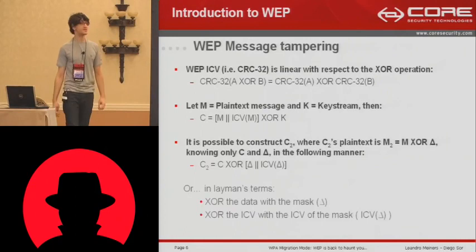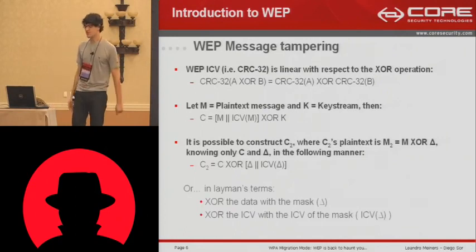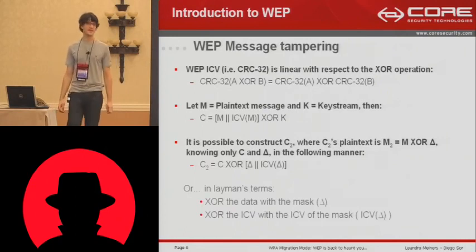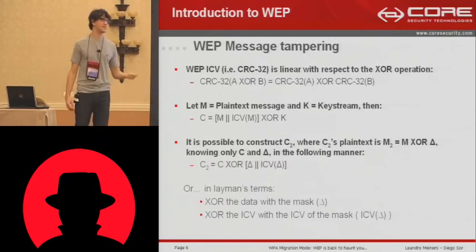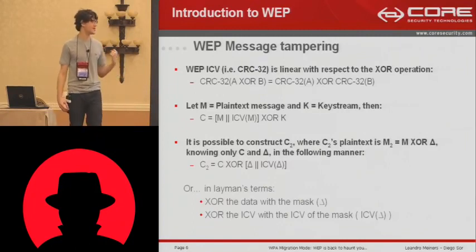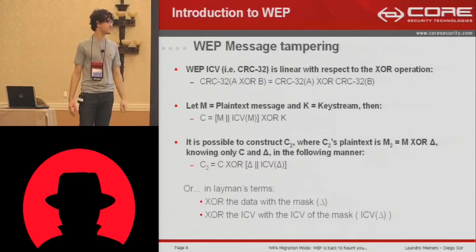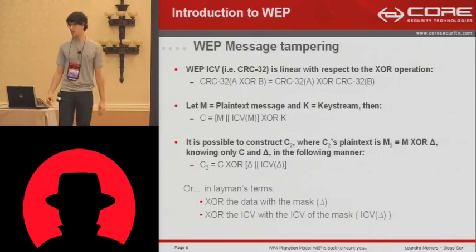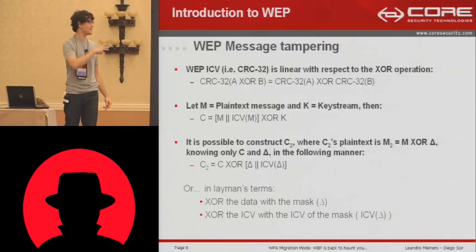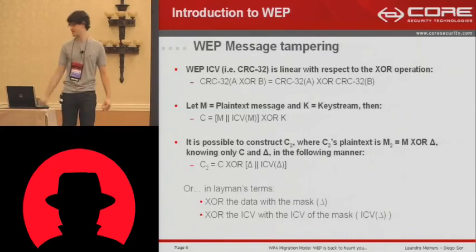So in layman's terms, we have to XOR the data with the mask delta. This is the arbitrary value the attacker selects, and XOR the ICV, meaning the CRC32 of the original message, with the ICV of the mask, meaning the ICV of delta. So having this in mind, we are going to show an attack based on these properties.